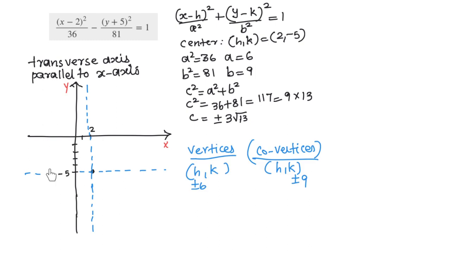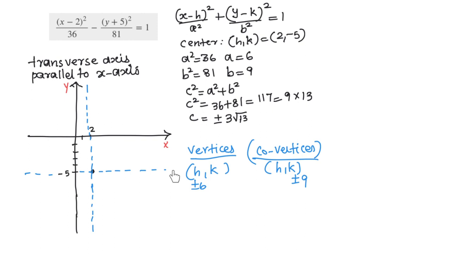Vertices are on the axis parallel to the x-axis, so you will add 6 units to the x coordinate of the center. But the conjugate axis is parallel to the y-axis, and the co-vertices are on this axis. That means you need to add 9 units to the y coordinate of the center.